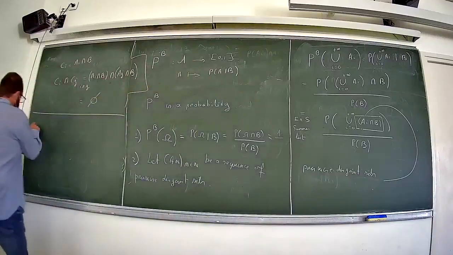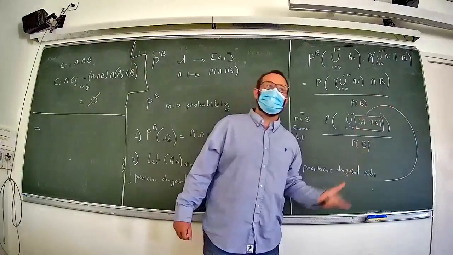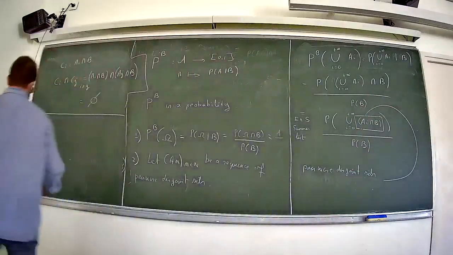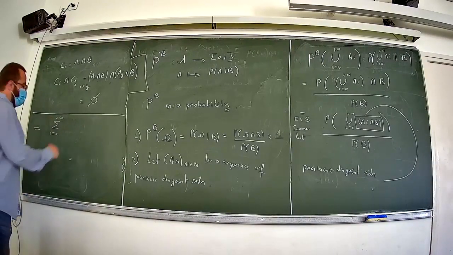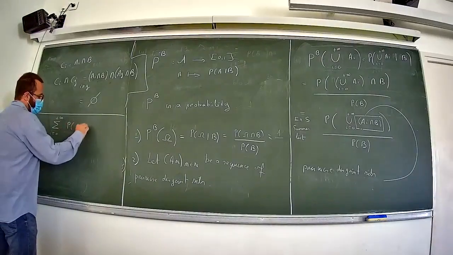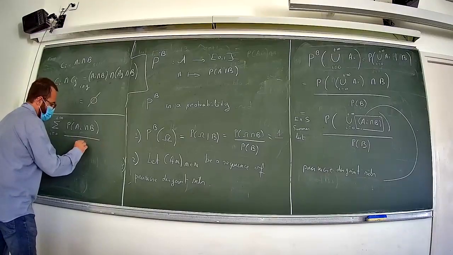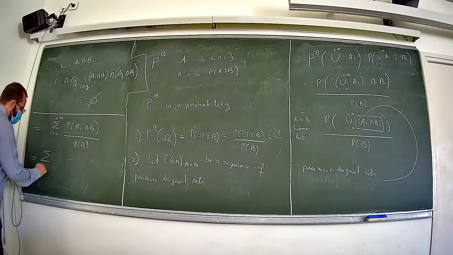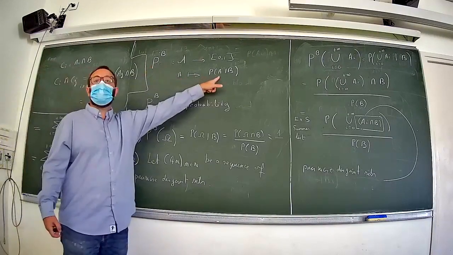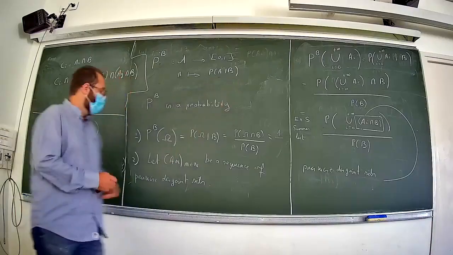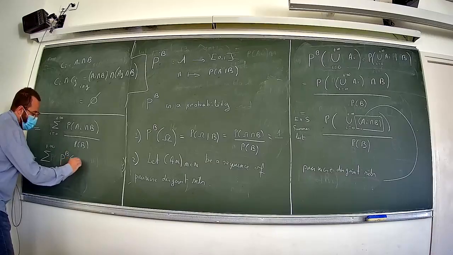And now, I continue my computation here. I use the fact that the probability of the union is equal to the sum of the probabilities because they are pairwise disjoint. So I write the sum from i equal to 0 to plus infinity of the probability of Ai intersected with B over P of B. And now to conclude, I just come back to the definition of PB. It's just the conditional probability of A given B. So here I have PB of Ai.